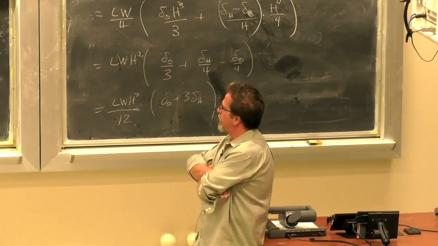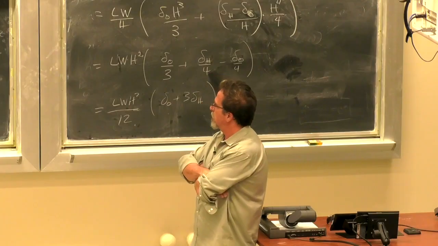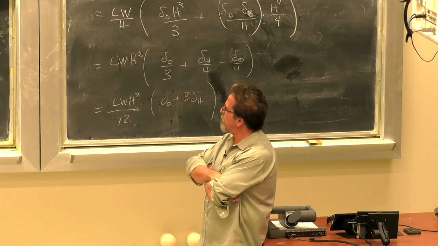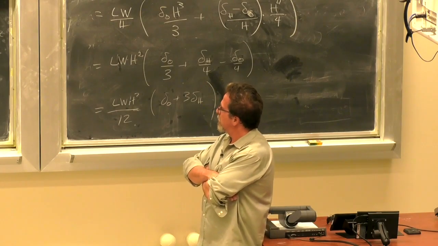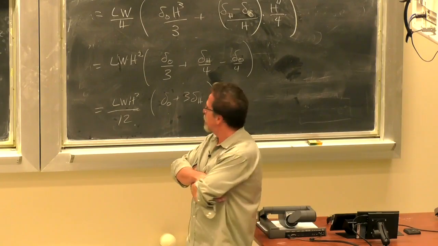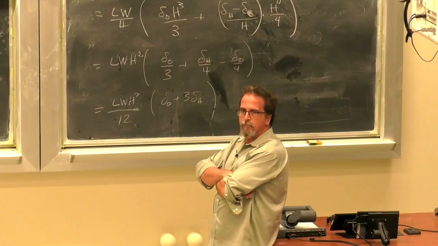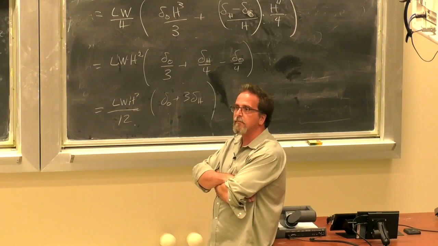Now, I hope I didn't make a mistake. Yeah, no, I didn't make a mistake. I feel like I made a mistake. Did I make a mistake, anybody? That's what you got? Yes.